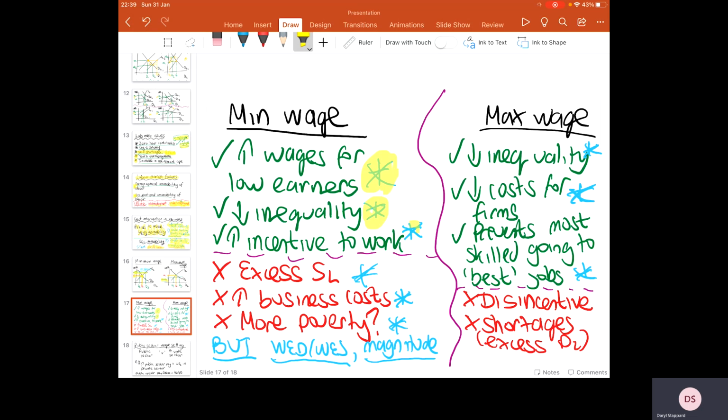Another benefit as well is if you were to increase wage rates, it would incentivise an extension in supply. You're giving people a bigger incentive to work. You're raising the opportunity cost of not working, but you're also giving people a better wage to fund some of the costs of going to work, childcare, etc., transport costs. So you might actually create a bigger pool of workers for businesses to employ.